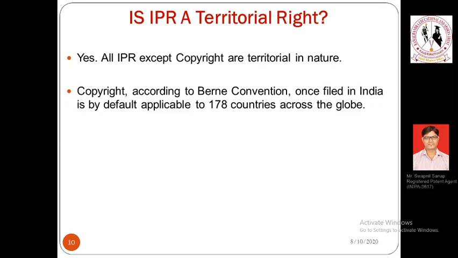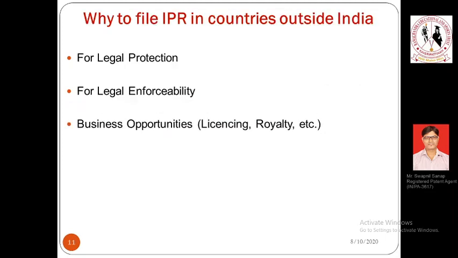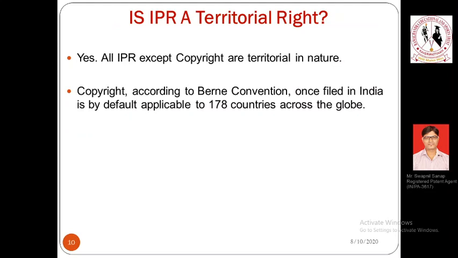So if I'm not wrong, for the 178 countries which are part of this Berne Convention, by default this particular copyright is applicable in those areas. That also indicates, in other words, if somebody in India is copying the work of a person who is sitting in the United States, that person can come and file a legal case against that particular person in India as well.